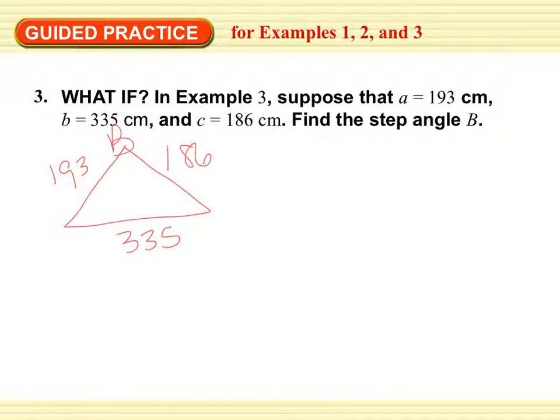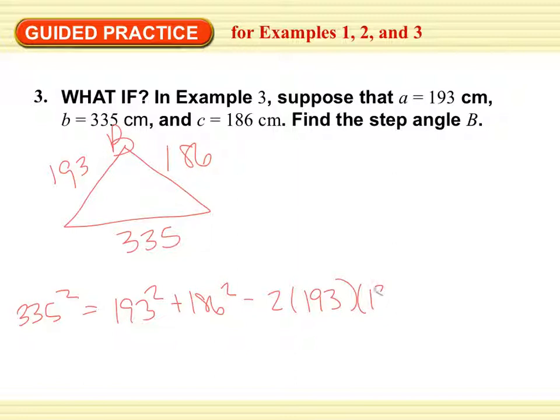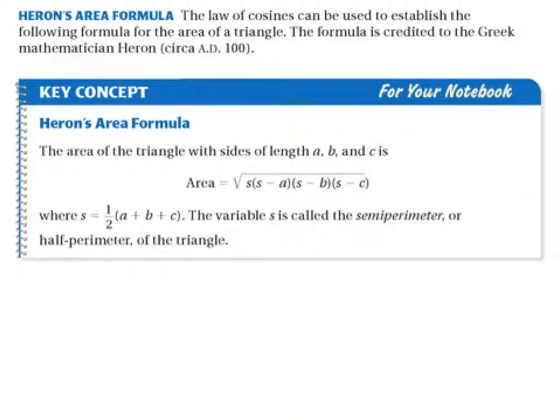Find the step angle B. All right, I'm going to do 335 squared equals 193 squared plus 186 squared minus 2 times A times C cosine B. Be right back. I have B equals 124.2 degrees. Let me check my answer. Yep, cool, good job.